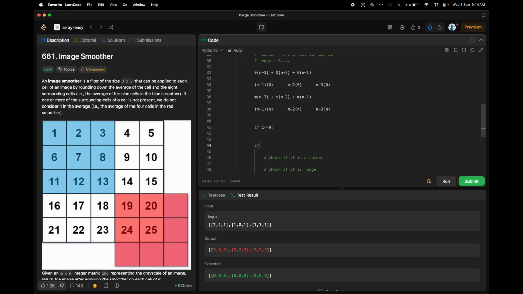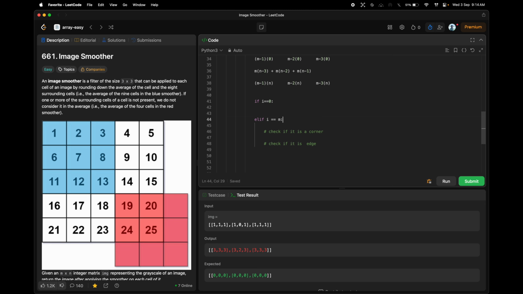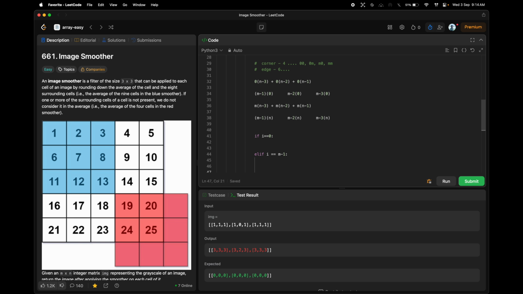If I equal to M, oh sorry, not M, but M minus 1, then do something. Okay, so these are the two values I have got.